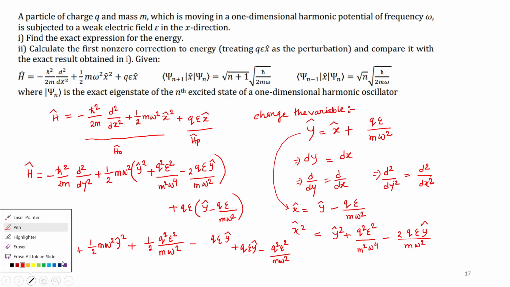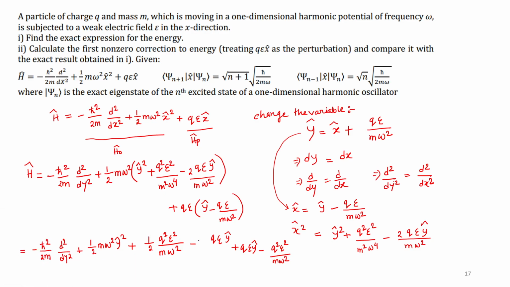From here, this is cut, right? This is q square by 2m omega square. Here it is minus 1, so I'll write these terms first.